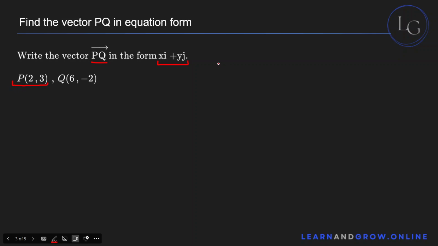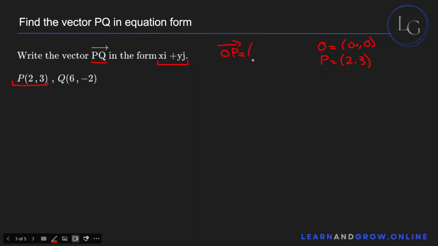So to find the vector OP, what do you do? How do you find it? Well, since the position of O, or the origin, is 0, 0, 0, and the vector P is just 2, 3, to find OP, what do you do?